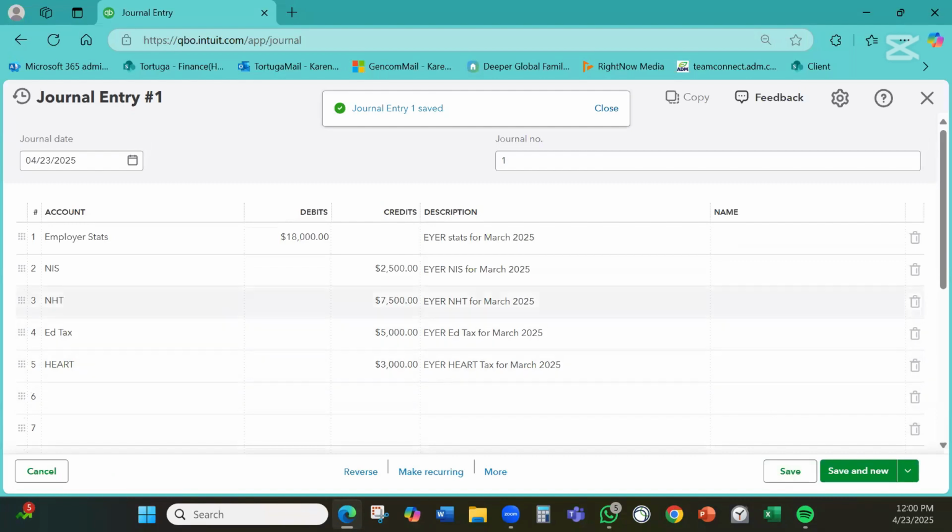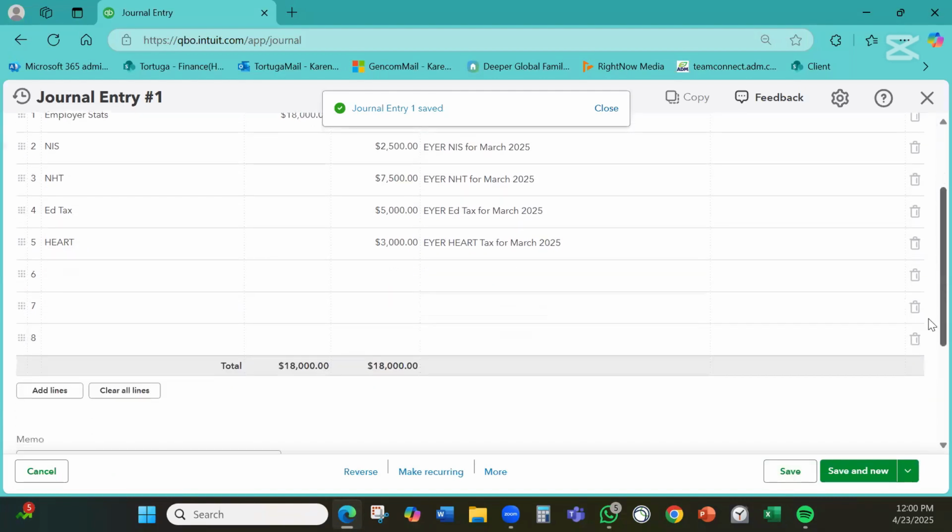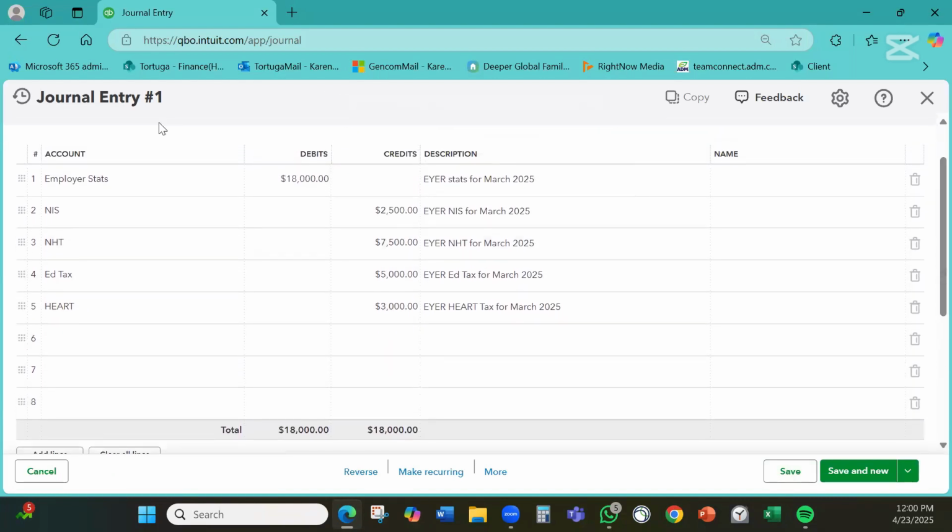And if you notice that it's balanced, what QuickBooks does when you're doing the journal is automatically balance it for you. So if you put in 18,000 and put in a new line, it is going to put everything as 18,000, so you have to keep splitting the figure. So it will automatically balance. If it is not balanced, it is not going to save the journal. Right? So here, all I'm recording, this is the expense, and these are the liabilities.